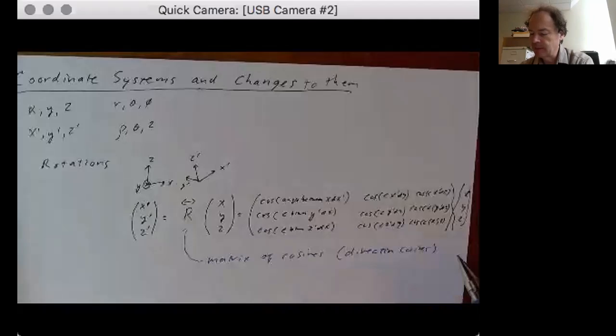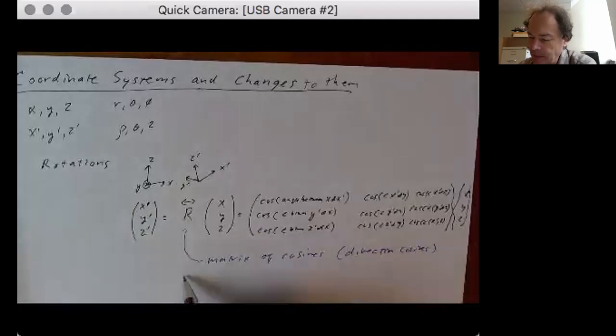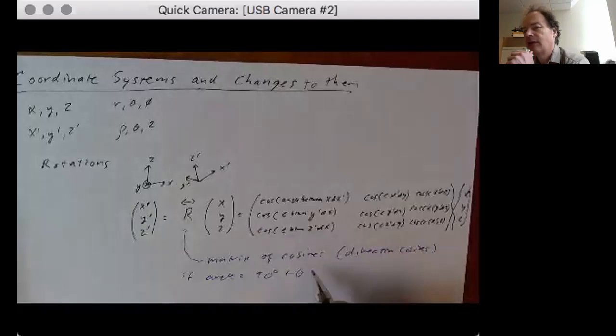And if you want to do a rotation, that's the way to do it. Now, oftentimes you might think, well, I thought that they had cosine thetas and minus sine thetas and plus sine thetas. And remember, if an angle is equal to 90 degrees plus theta, then you bring a cosine of, let's say, plus or minus theta into plus or minus sine.